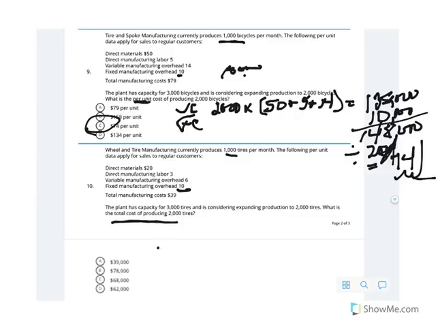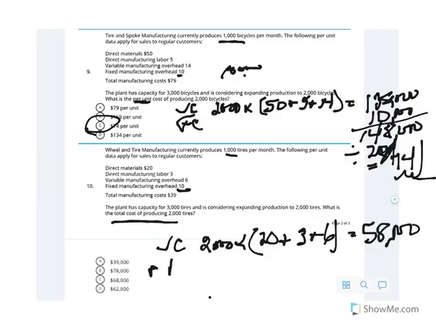Well, the total variable cost would be 2,000 times direct material of 20 plus direct labor of 3 plus overhead of 6, which equals 58,000.